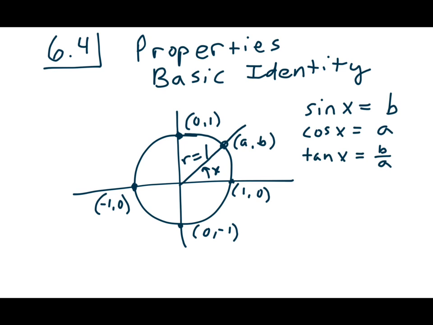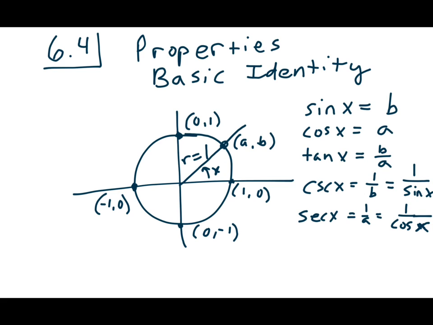Now I'm going to use those to show you how we find the other ones. Cosecant is 1 over b, which, as you can see, since sine is b, is 1 over sine x. That's our first identity. Secant of x is 1 over a, which is 1 over cosine of x.